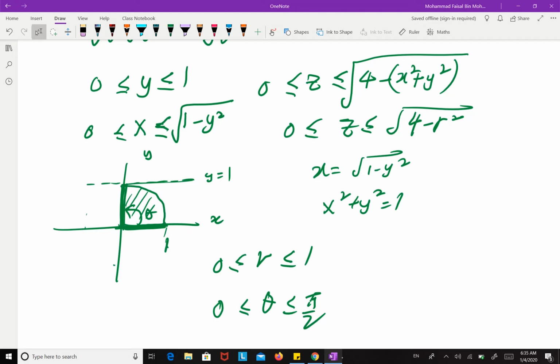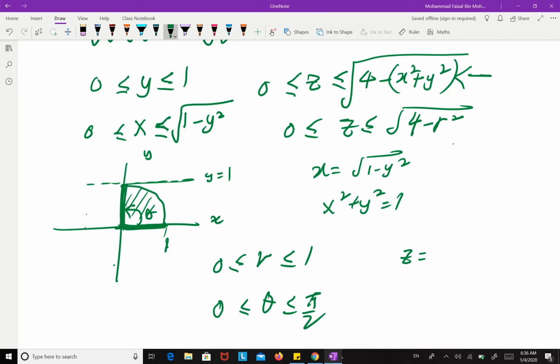So we already know this is a circle. For z, z equals to the square root of 4 minus r squared. Squaring both sides you get z squared plus r squared equals to 4. If you want to draw the full solid, you have to use the main one.